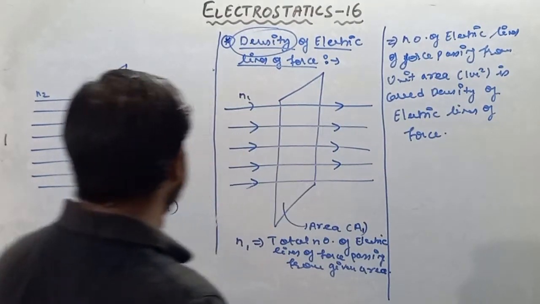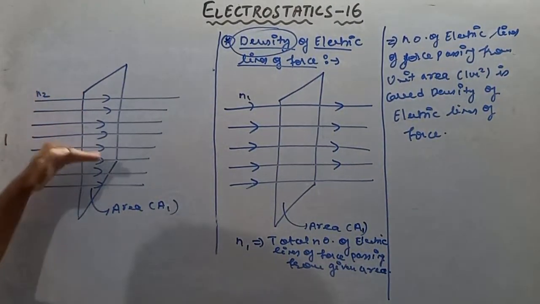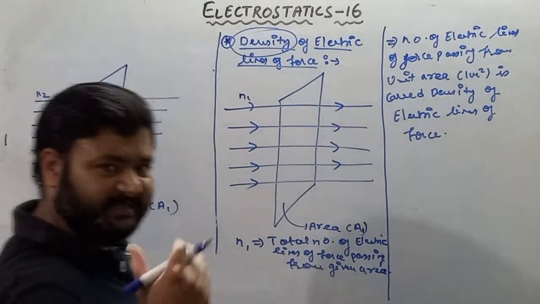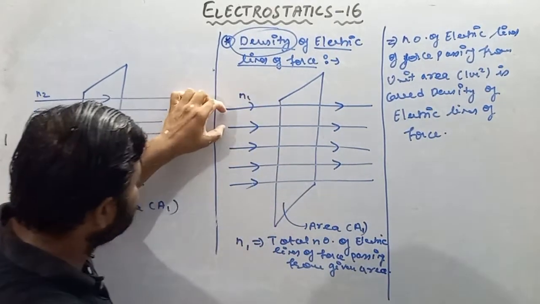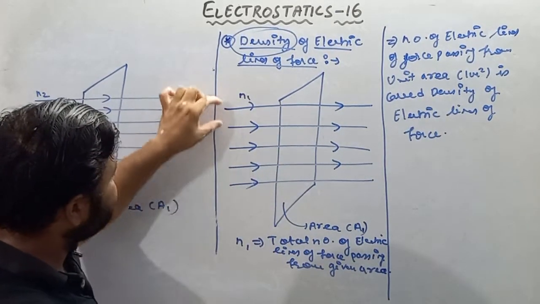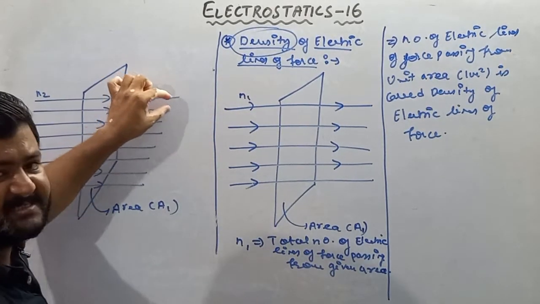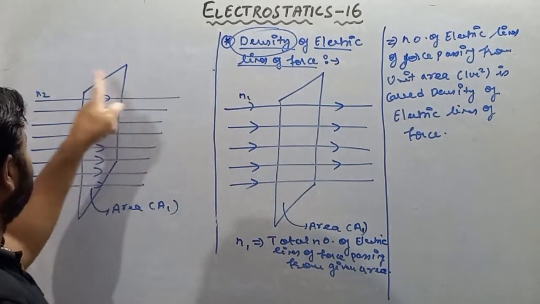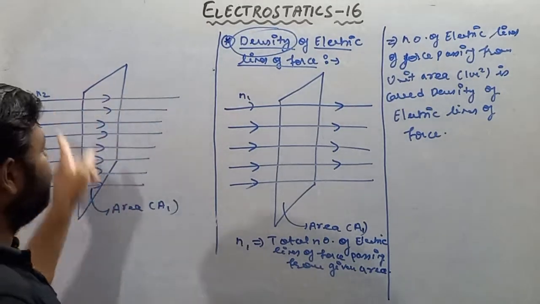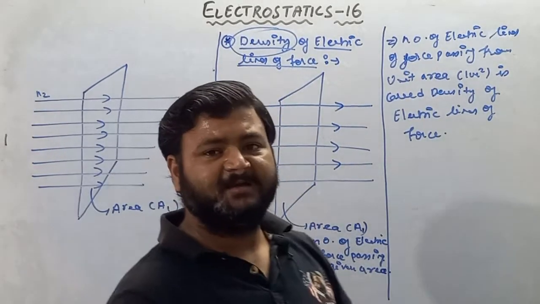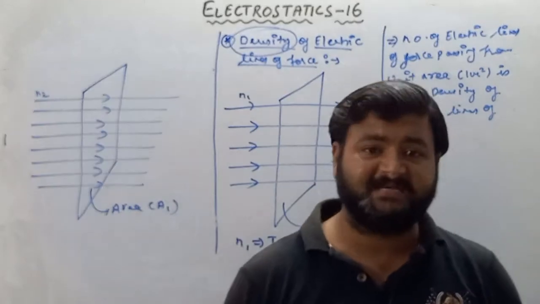So dear student, if electric field lines are close to each other, then here see, the electric field lines are separated by a distance. Compared to this, the distance is less, so we'll say the electric field lines are denser in this case compared to this case, but in both cases the area is the same.